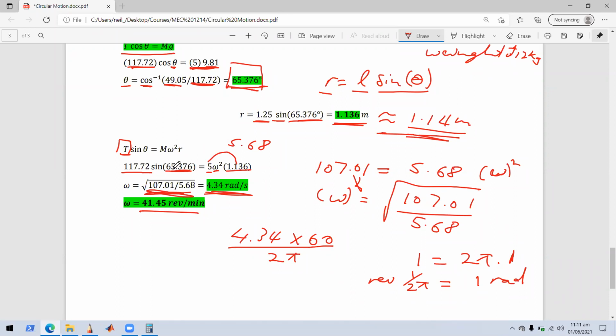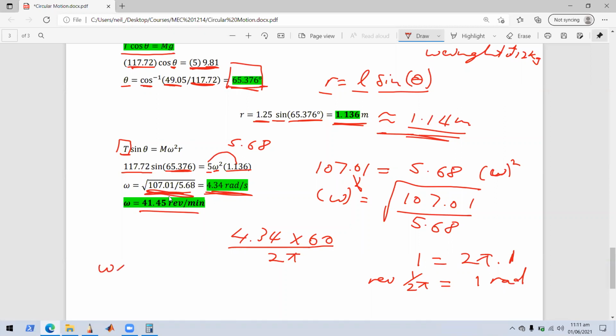When you put rads in, you have to use the radian version of sine. We found this here in degrees because our calculator was set to degrees when we did this. If our calculator was set to rads, we'd have found this in rads.